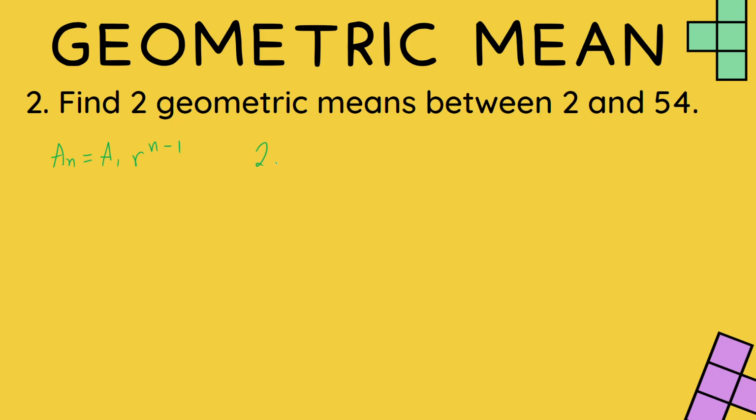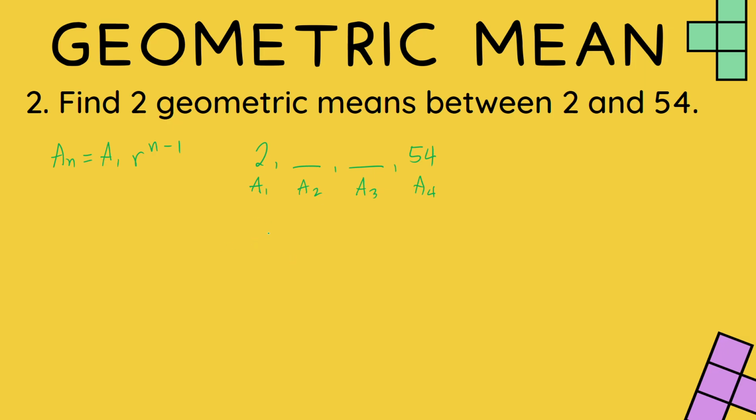So 2, then we insert two geometric means, 1, 2, then 54. Then we now try to count. So we have a sub 1, that's our first term. Then a sub 2 our second term, and a sub 3 our third term. And 54 would be our a sub 4.